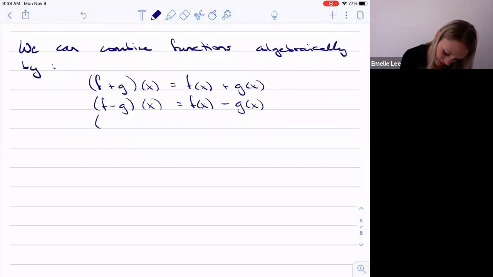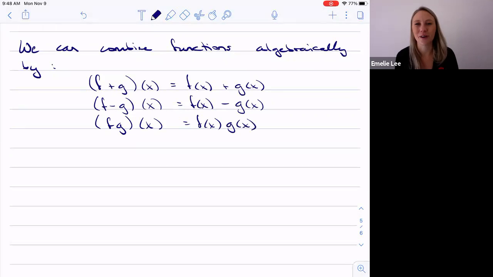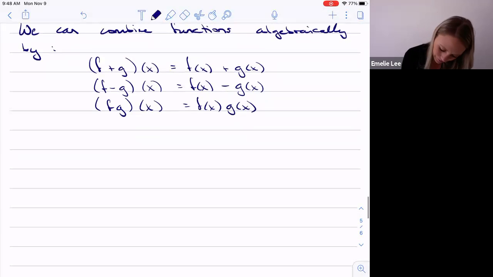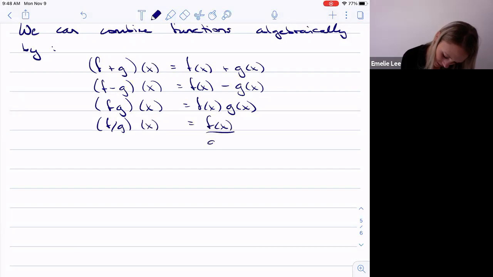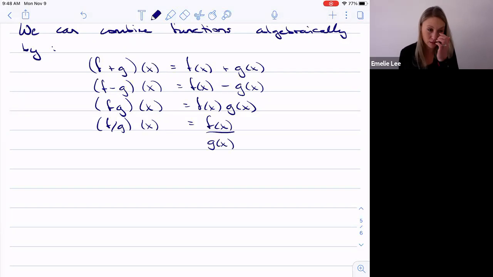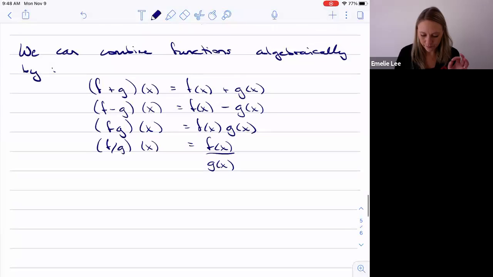I skipped straight to division, that was my bad. f times g of x is f of x times g of x. And then finally we can divide, f divided by g of x is f of x over g of x. Okay.